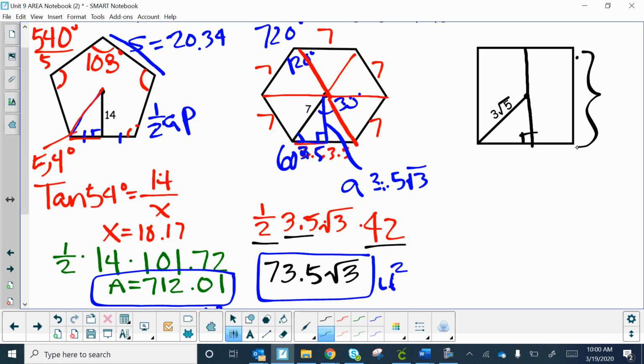So the apothem is a 45, 45, 90 isosceles triangle. So if that's a 45, 45, 90, you should remember that for the hypotenuse, we just have to divide it by radical 2 to figure out this side length right here. So I'm going to take 3 radical 5 and divide it by radical 2. That's remembering for an isosceles triangle.